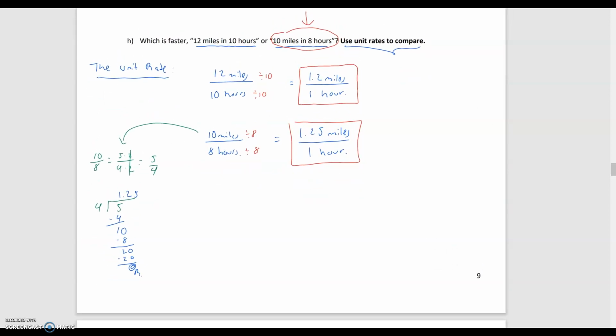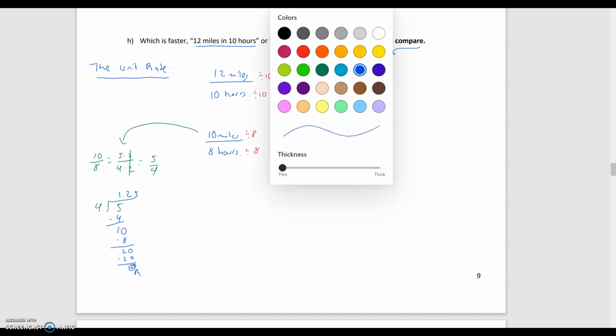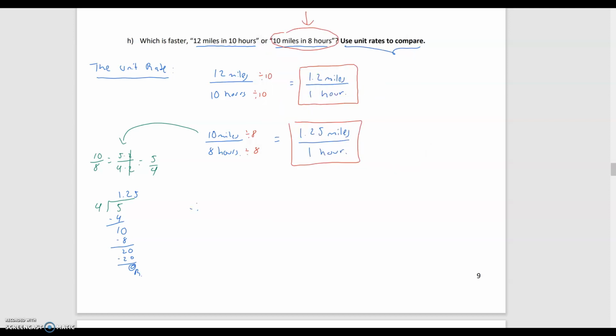And they are asking which one is faster. So our final sentence here would say that it is faster 10 miles in 8 hours than 12 miles in 10 hours.